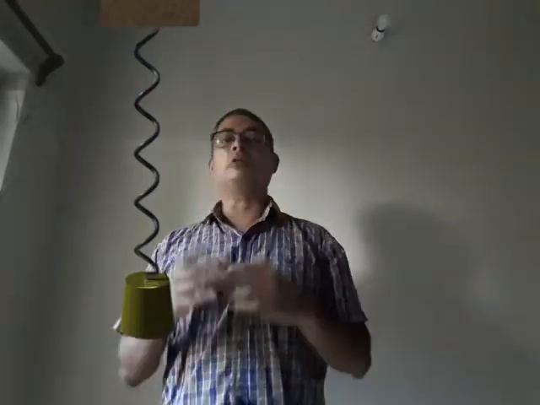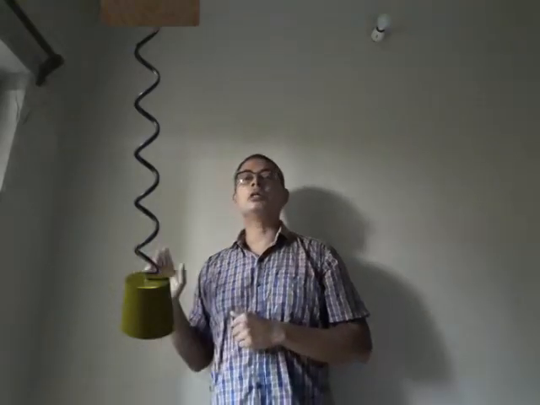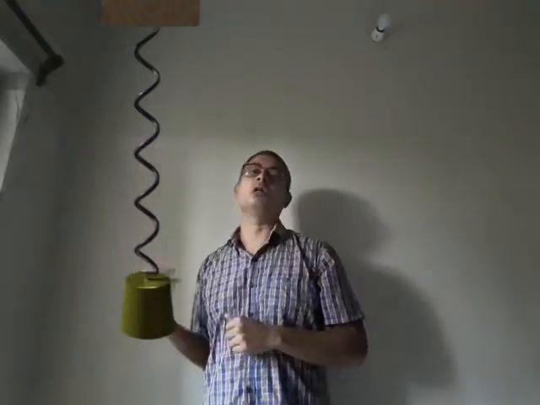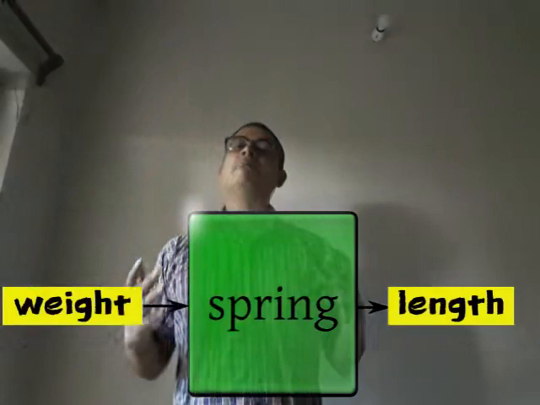Now this particular example is a special case of a more general setup that we can represent as a black box. Here we are not interested in knowing how the spring works, only in understanding its input-output behavior and not why such a behavior takes place. So we can treat this as just a black box.